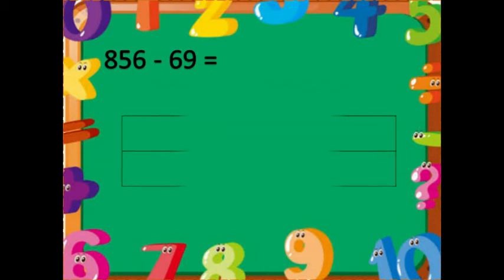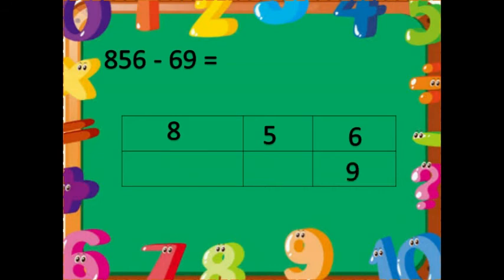Again, we will place this in our place value chart. In 856, 6 in ones, 5 in tens, and 8 in hundreds. And in 69, 9 in ones and 6 in tens. Now, we will start to subtract in ones. In ones, we have 6 and 9. As you can see, again, the subtrahend is bigger than the minuend.